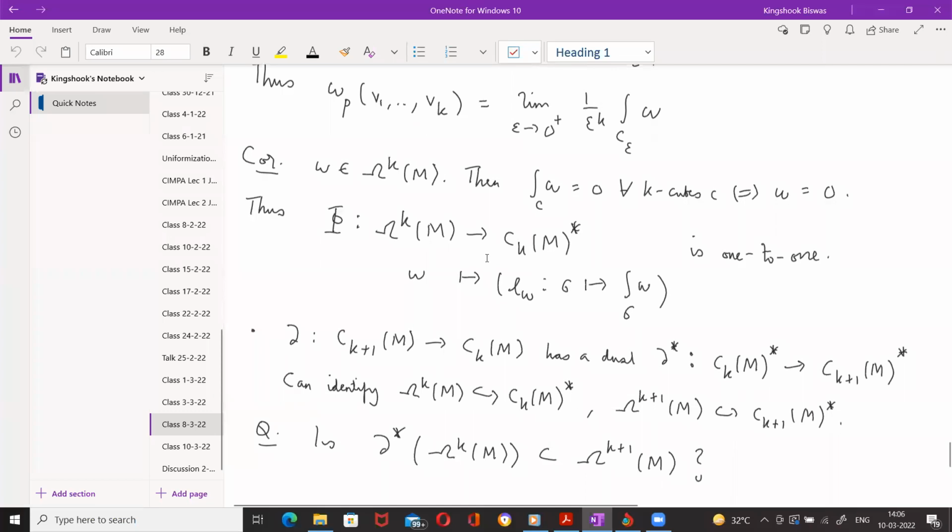Because if omega is in the kernel, that means that the integral of omega over every sigma is 0. So then we know that omega is 0. Right? So this map is injective. So that means the k forms you can identify with a subspace of the dual of the k chains, which is called the cochains. Okay. So any questions?